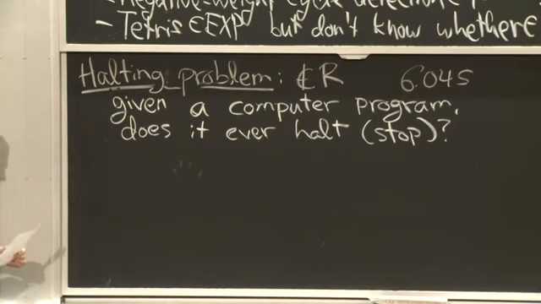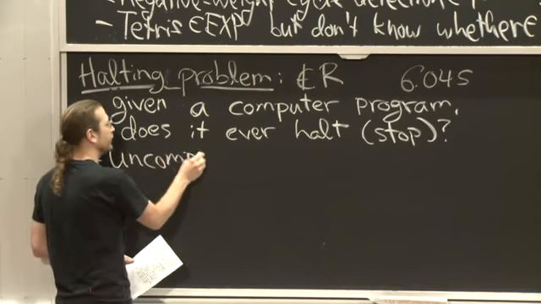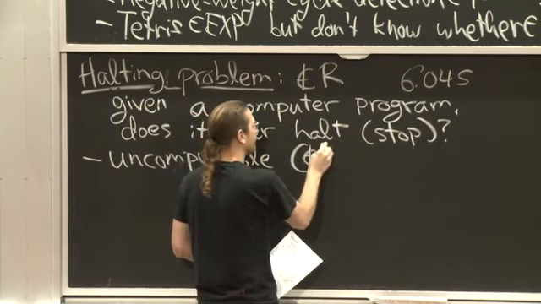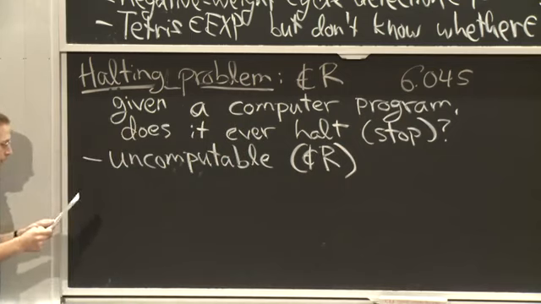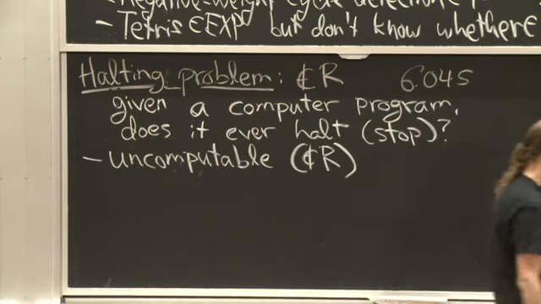So this is kind of sad news. We call such problems uncomputable. This is just another word for being not in R. OK. And the next thing I'd like to do is prove to you that most decision problems are uncomputable, or sketch a proof.